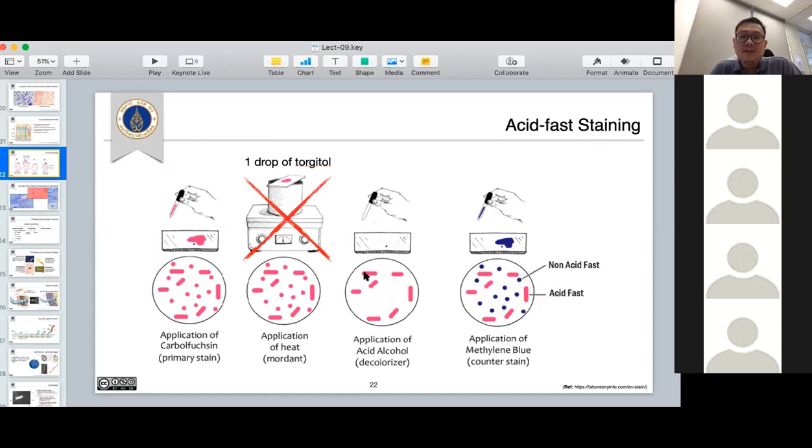Oh, so you only wash the dye from the normal cells, and then the tuberculosis bacteria will stay red because of the dye. Exactly. That's why they call it acid-fast, because it tolerates acid. And finally, you use methylene blue as a counterstain to make the other bacteria show in different colors.